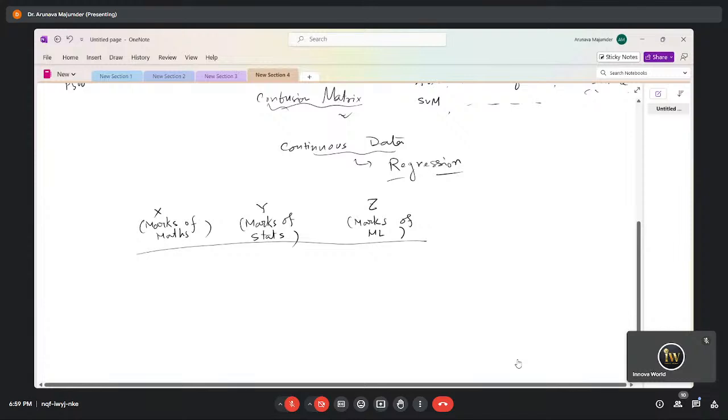This is the output or target. Z is the output variable, so z must depend on x and y, but remember x and y are independent. They do not depend on each other. Their marks should be independent.